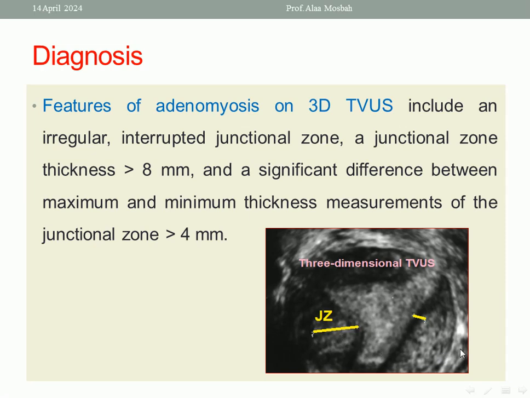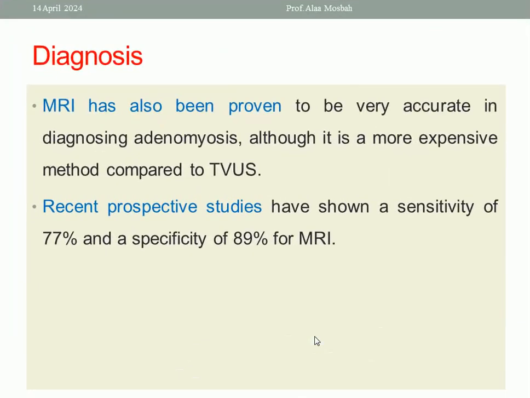This is a sign of adenomyosis. Infiltration of the lateral wall, this is the coronal view, is also a sign of adenomyosis, endometrial glands. So the advantage of three-dimensional transvaginal ultrasound is to evaluate the junctional zone, as I said before.